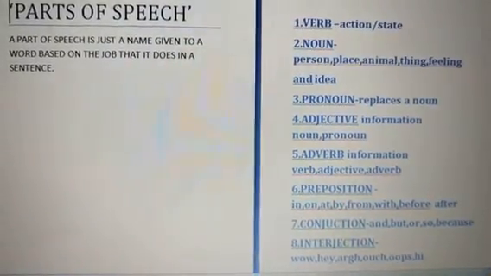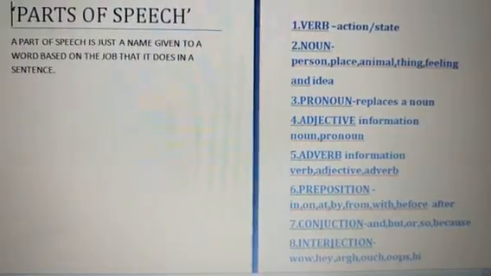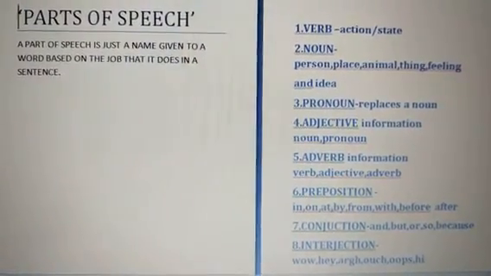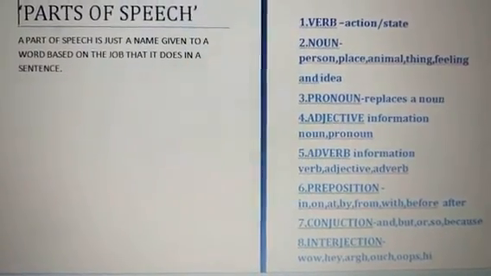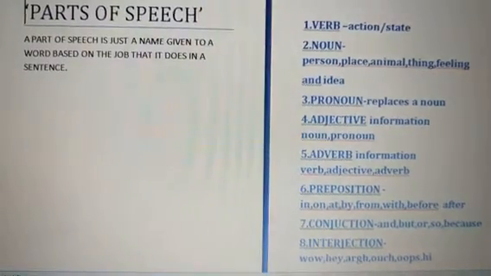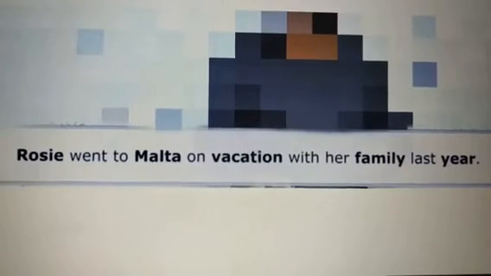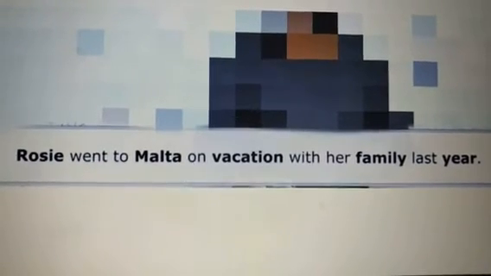Okay, let's move to another part of speech, and that is the noun. A noun is the name given to a person, place, animal, thing, feeling or idea. For example, here is a sentence with a lot of nouns. Rosie went to Malta on vacation with her family last year.